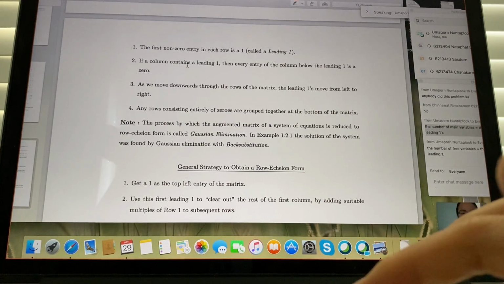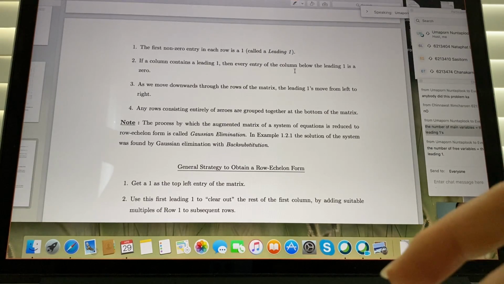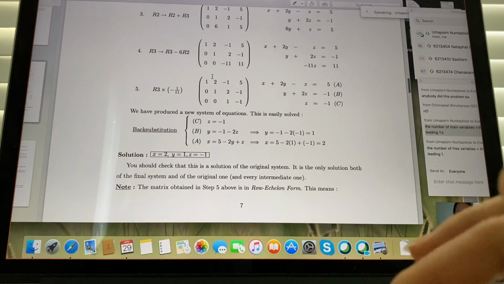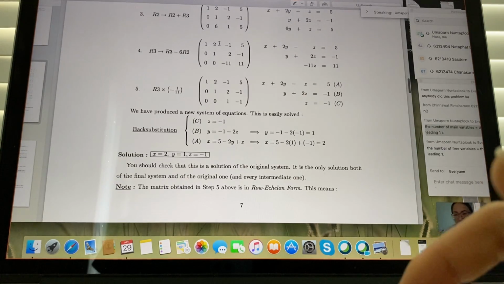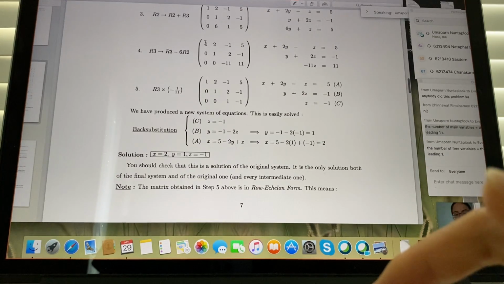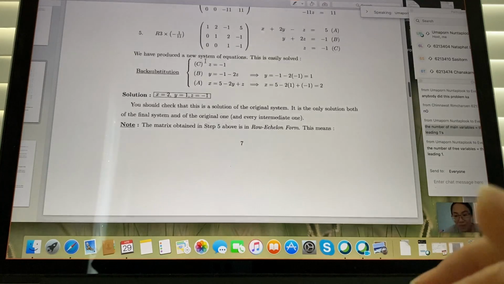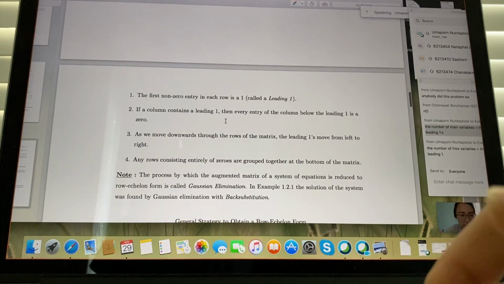If a column contains a leading one, then every entry of the column below the leading one is 0. Once you find the leading one in a row, you consider the column that contains it. The numbers below the leading one are supposed to be 0. This is the meaning of the second property.